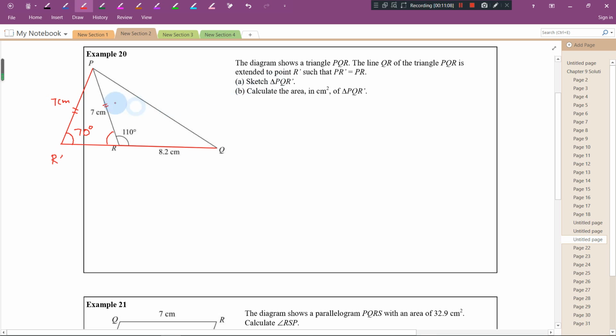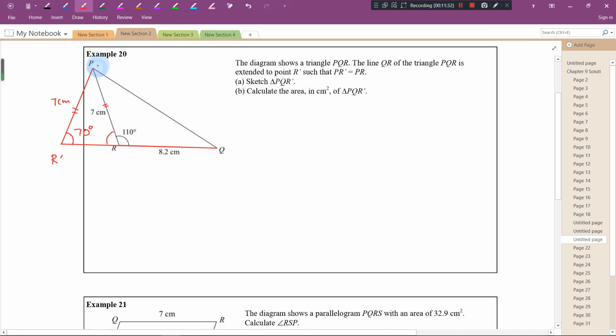So in the exam, you don't draw this triangle using the diagram given here. You have to redraw the triangle. Okay, so how about B? Calculate the area of this triangle PQR prime, which means that we have to find the area of this whole triangle.